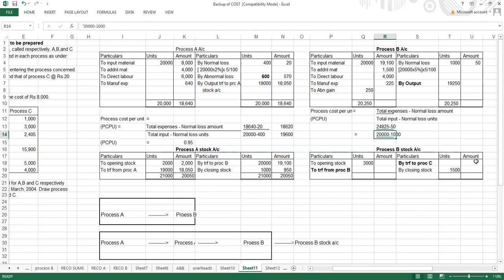Let me see what answer we get. First I will solve on the right side: 24,825 minus 50 upon 19,000.